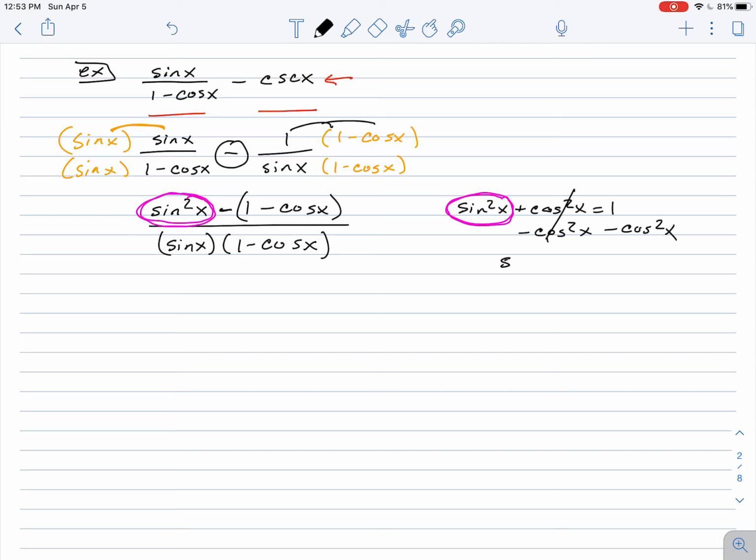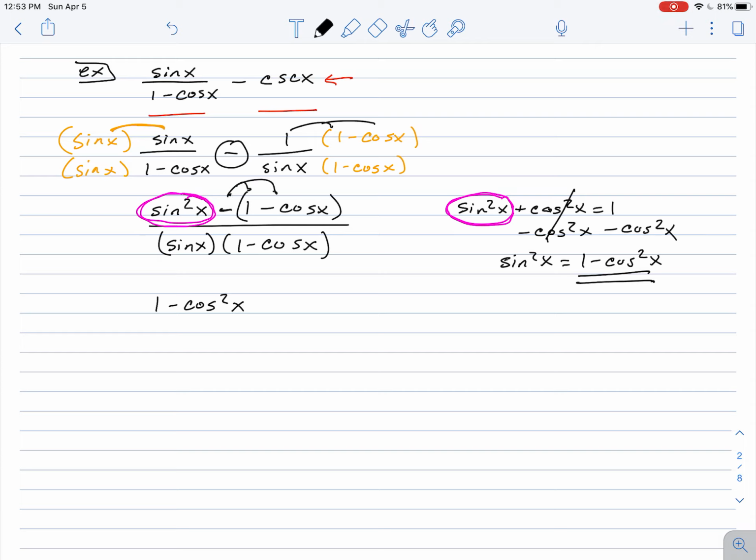So what that helps me to understand is sine squared x is going to be 1 minus cosine squared x. Now this is what I can substitute into my equation. So now I'm going to go over here and say instead of sine squared, I'm going to write 1 minus cosine squared. Okay, so that's my substitution.